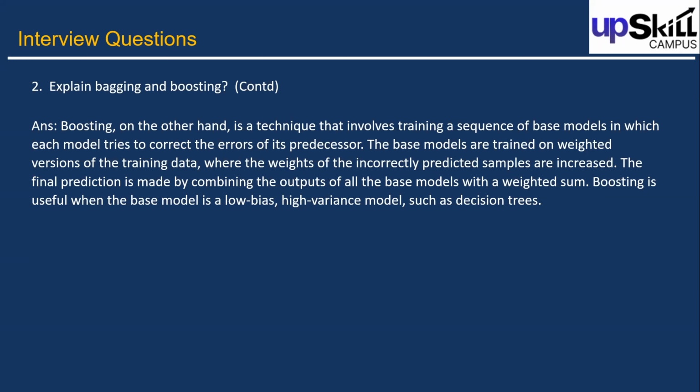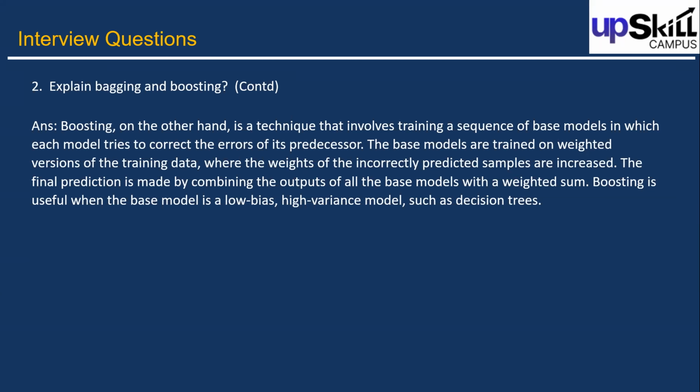So this 30% is sent to the next model, the second base model. Out of this 30%, the second model says I can only predict properly 10%, and the remaining 20% I can't. So the next 20% goes to the third base model.